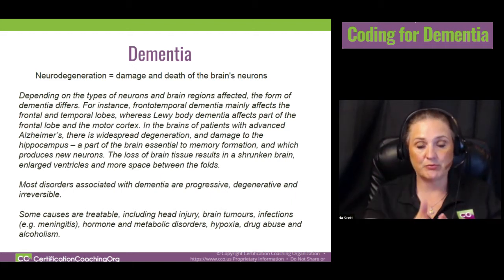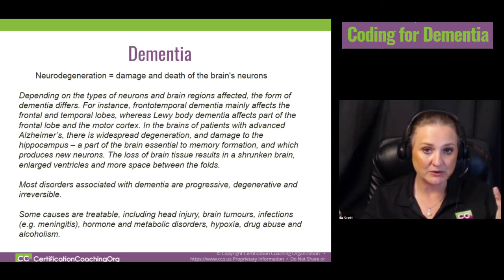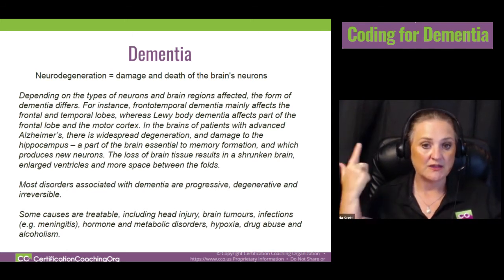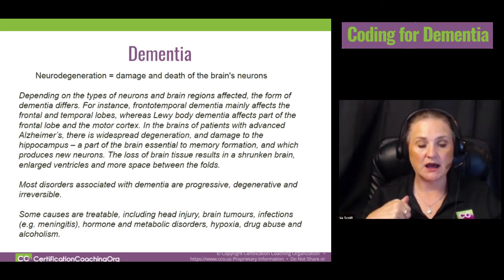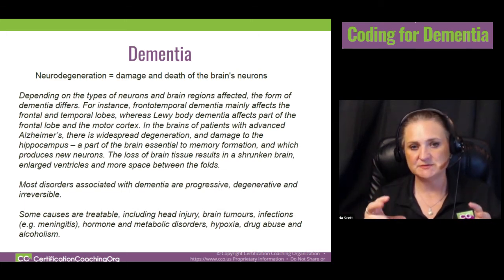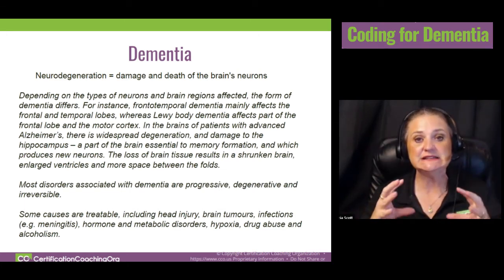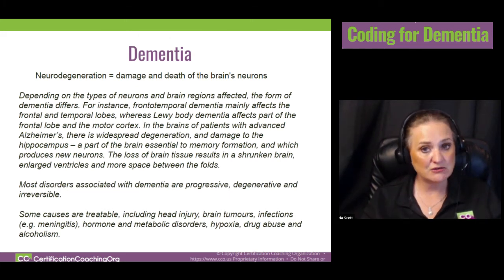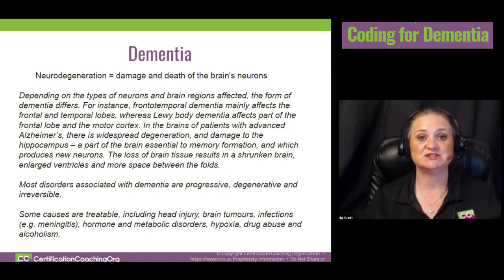lobes. The brain is divided into two halves. We all know that, hemispheres, and you know, the back of the brain. There's a motor cortex, the main things, but you don't have to get into all the details. The reason I tell you that is because there are different types of dementia, like frontal temporal dementia. What does that mean?